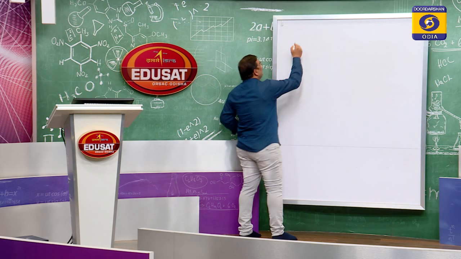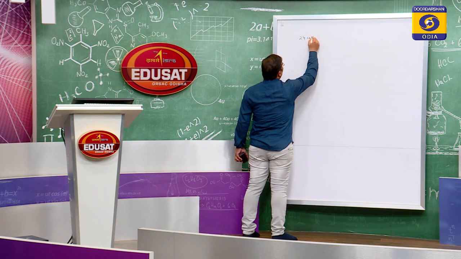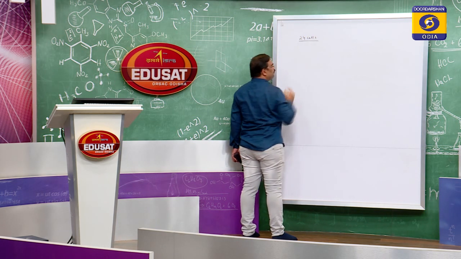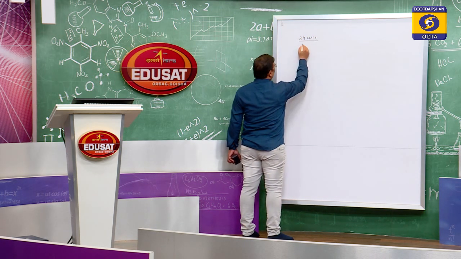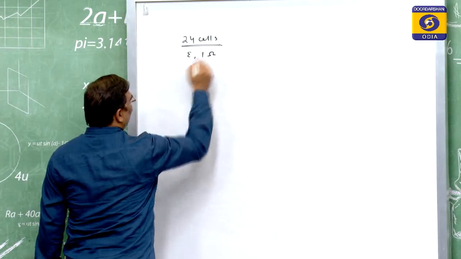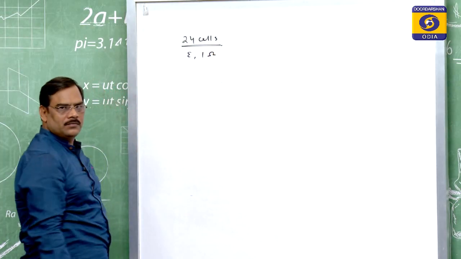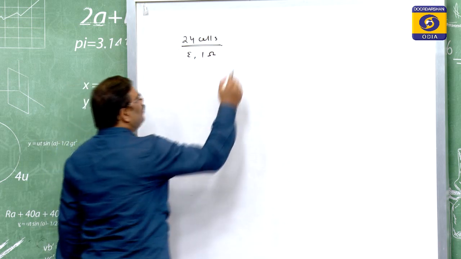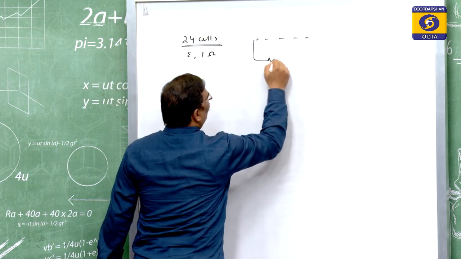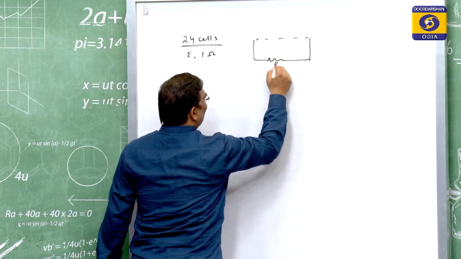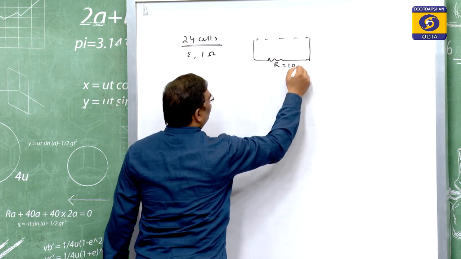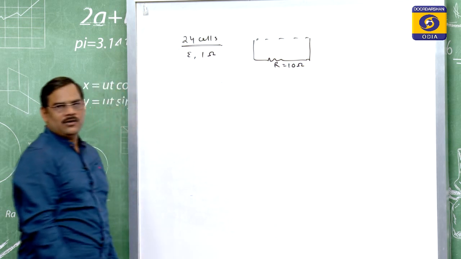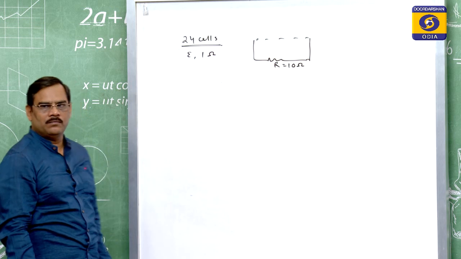So, there are 24 cells given, each of EMF E and internal resistance 1 ohm, and we are trying to draw a maximum power across a load of 10 ohm.